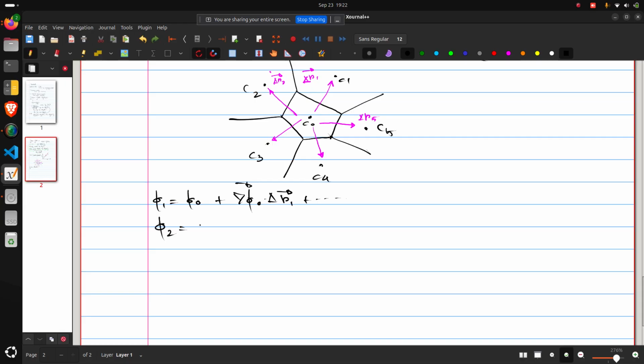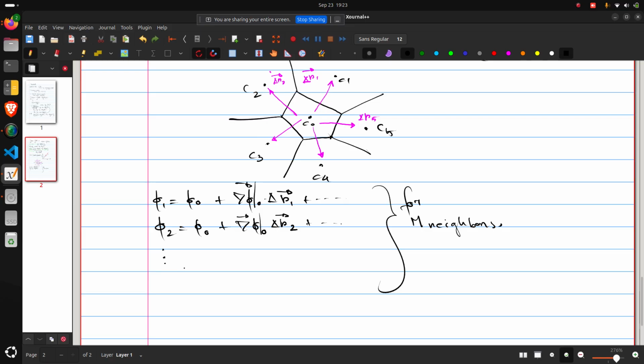Similarly, phi 2 is phi naught plus the gradient of phi at C naught times delta R2. And similarly, for m neighbors we will have m equations like this.